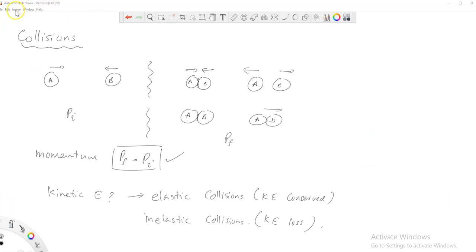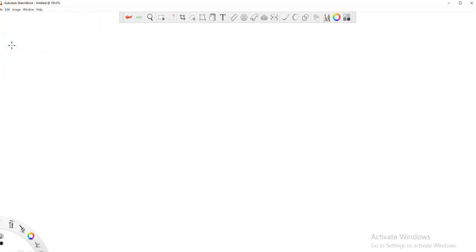Okay, so let me erase this real quick. Most of the examples we will have are inelastic collisions, so I will try one of those. So in this case, let's say this is a railway track and we have this railroad car A. The mass of it is 10,000 kilograms.